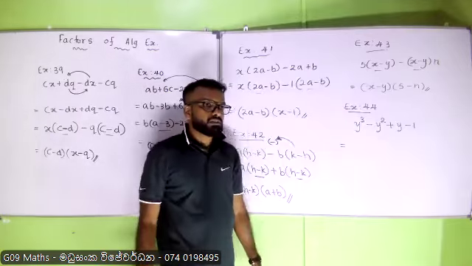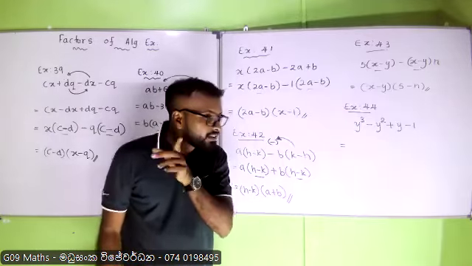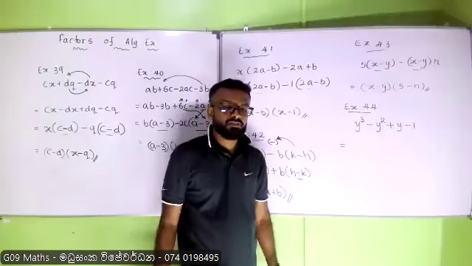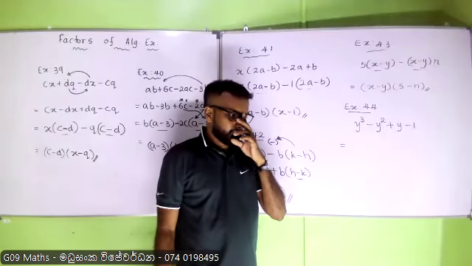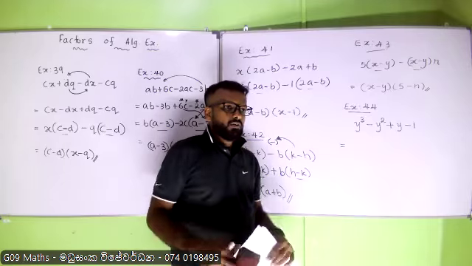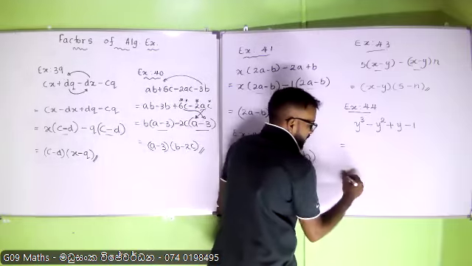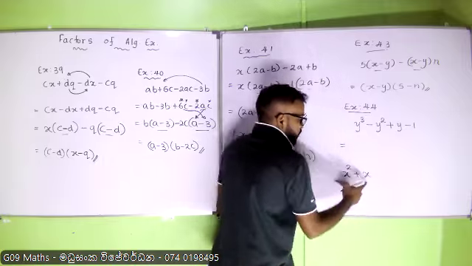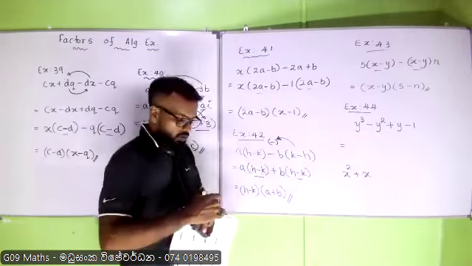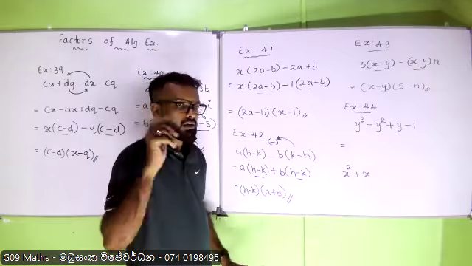Can anyone tell me? Think. When we had x to the power 2 plus x earlier, what is the term you are going to take out as the common term? x.